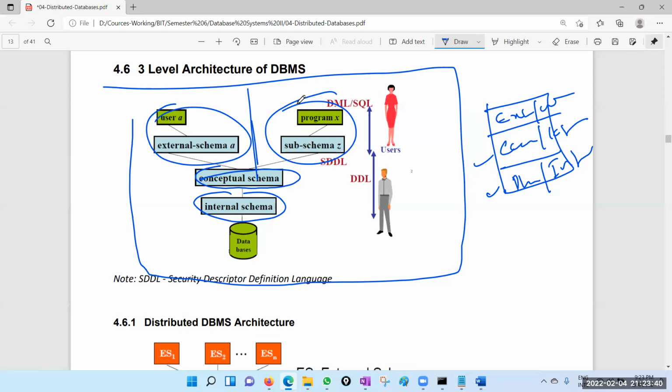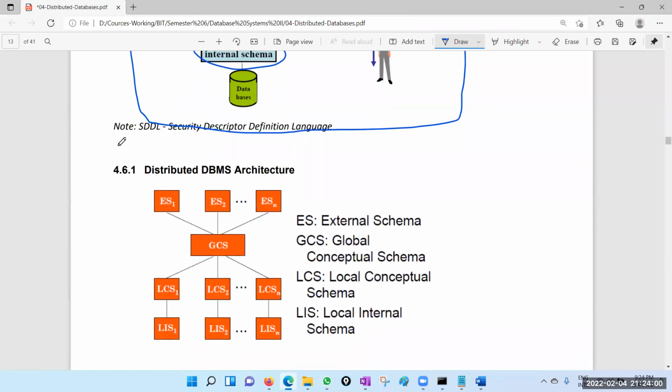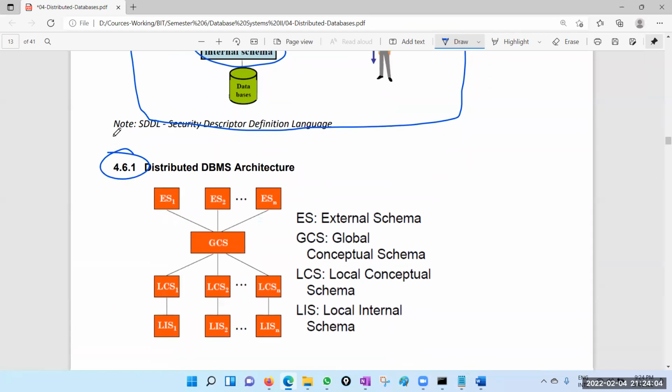Or you can have, this is not necessarily a distributed site. You can have different external schemas for different users. Actually, this is not a distributed database. This is for a centralized database. Okay. So different users look at it as different external schemas. So this is the distributed architecture. Okay.